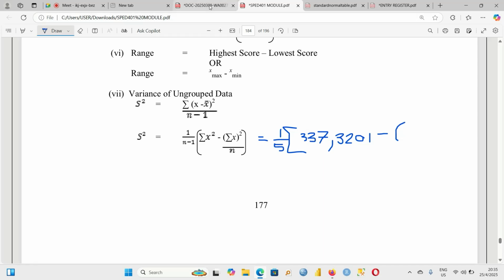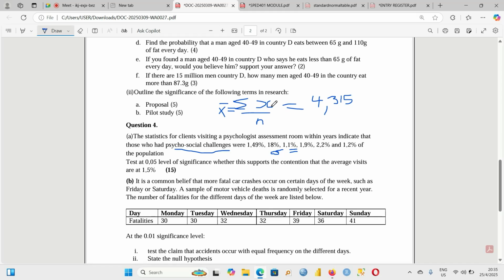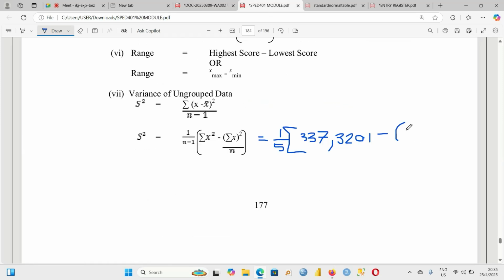The sum of x. So let me try to add again: 1.49 plus 18 plus 1.1 plus 1.9 plus 2.2 plus 1.2, I get 25.89.